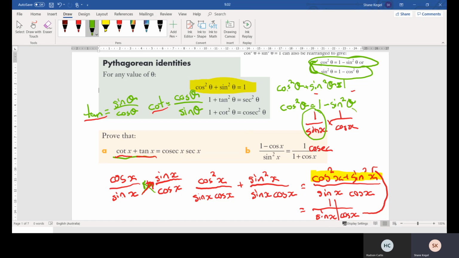And 1 over cos x is the inverse cos function, which is sec. So cosec x multiplied by sec x. And that therefore proves that cot x plus tan x is cosec x sec x.